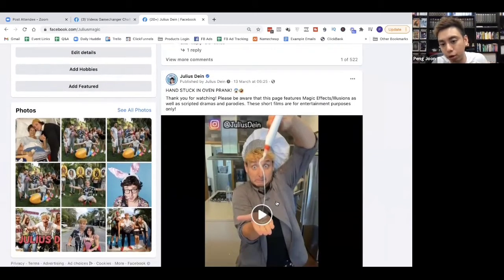Notice even the thumbnail, the scroll stopper. I'm utilizing this example because this is the highest level in the world. Obviously I'm not at that level and I don't expect you guys to be, but if we understand this is the highest of all levels, then we know what we can be working towards.